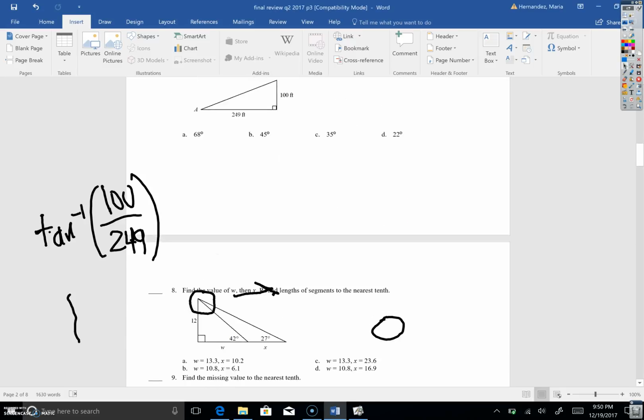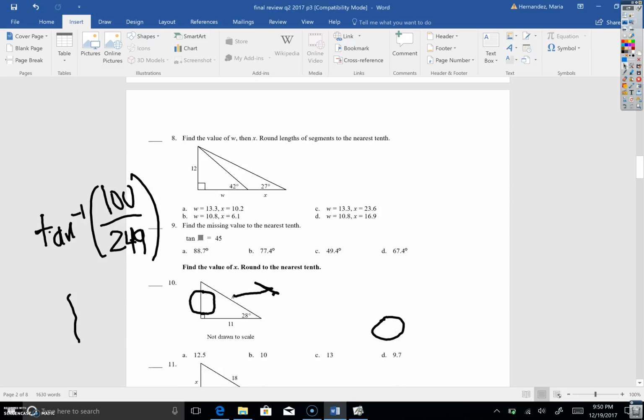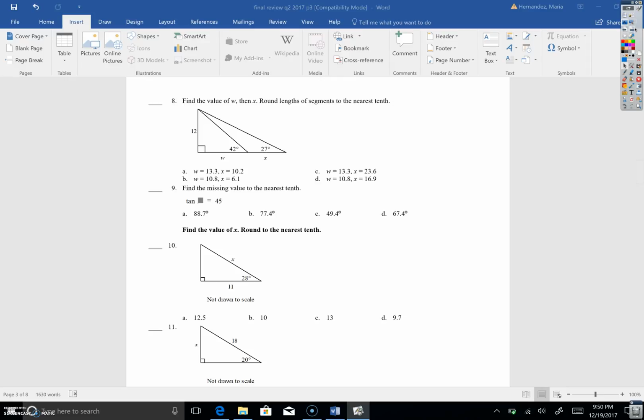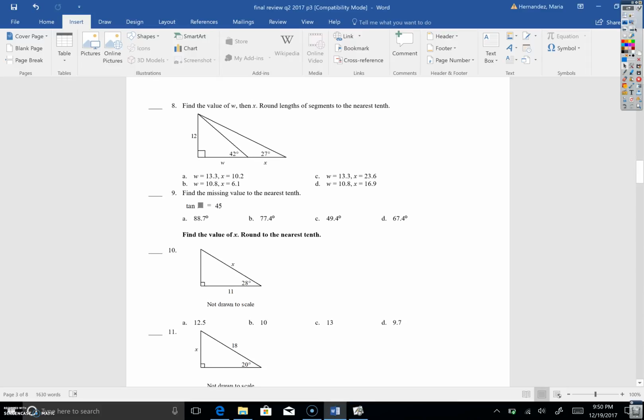Okay, moving right along. Number 8. Okay, find the value of W and X. Okay, there's 2 triangles here. First one we do is the one with the 42.